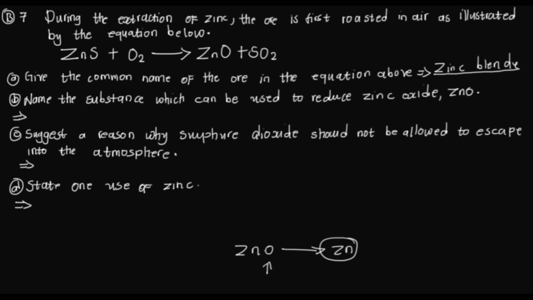The substance that can be used to reduce the zinc oxide to zinc is carbon. Carbon, which is also known as coke. So carbon can be used to reduce zinc oxide to zinc.